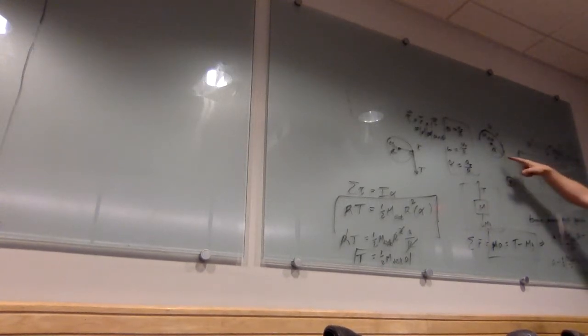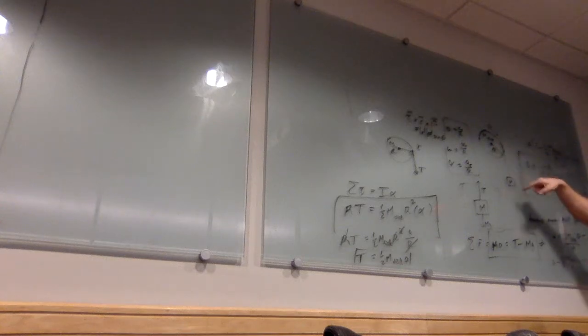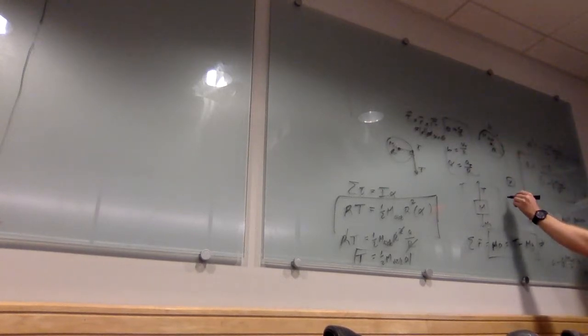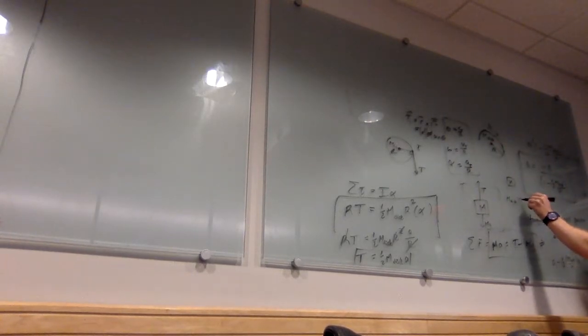Now, what if the mass of the disk went to infinity, right? So you have a really, really heavy disk. Well, I shouldn't be saying light and heavy. I should be saying relative to the block, right? So now I'm taking the case where m disk is much heavier than m of the block. That means that this fraction is very big.